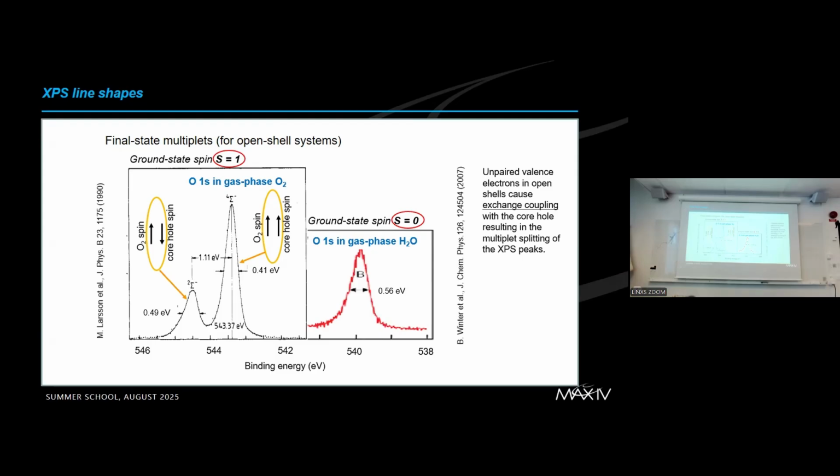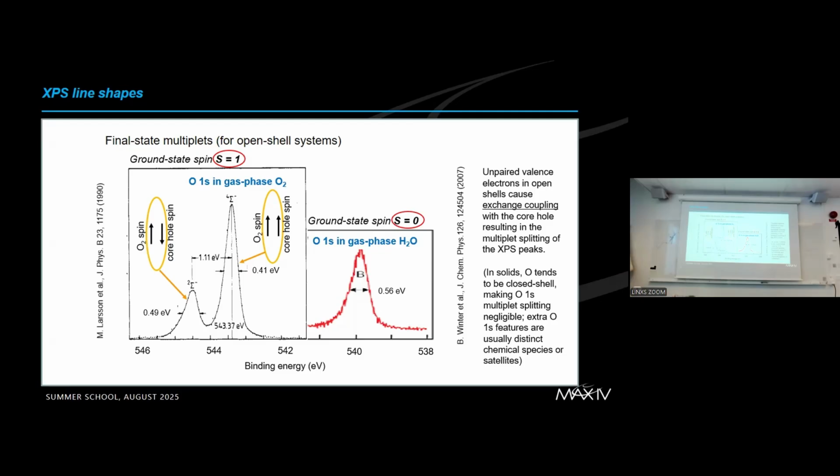And fortunately for us, when we interpret spectra of oxygen, for example, in different oxides, this is almost always the case: oxygen tends to become closed shell, so it attracts electrons in oxides. And if you measure a typical oxide spectrum, then you will see only one peak for one chemical species. Otherwise, it would be more complicated to interpret the data.